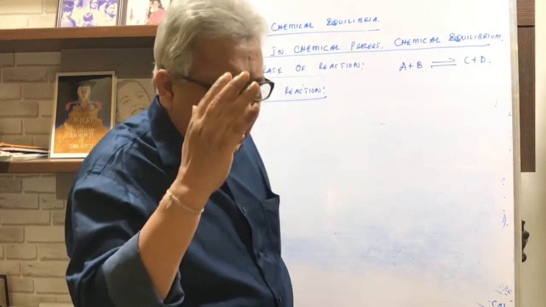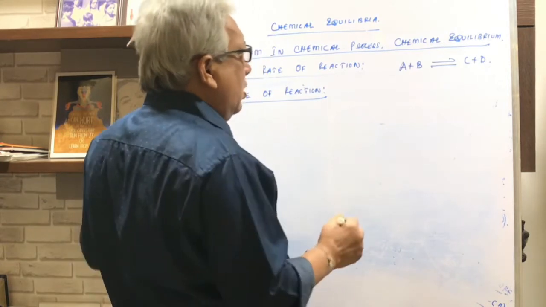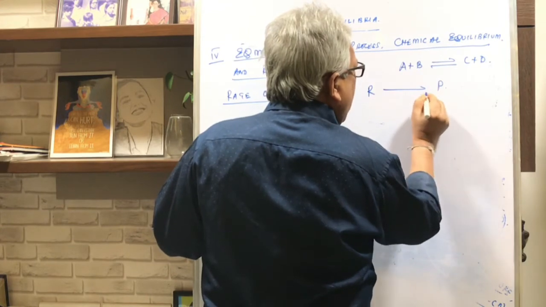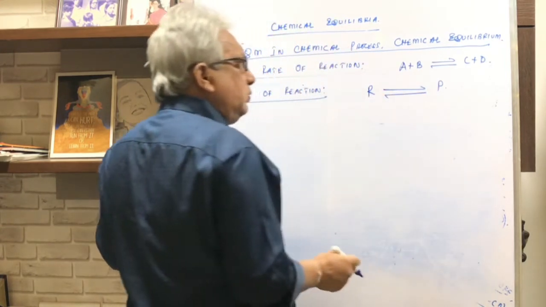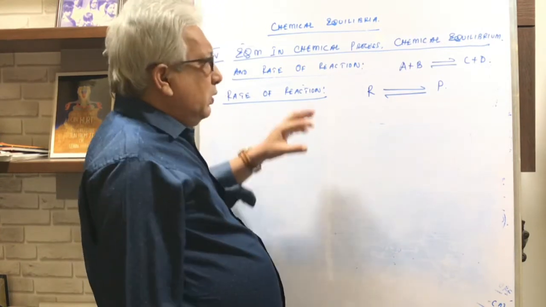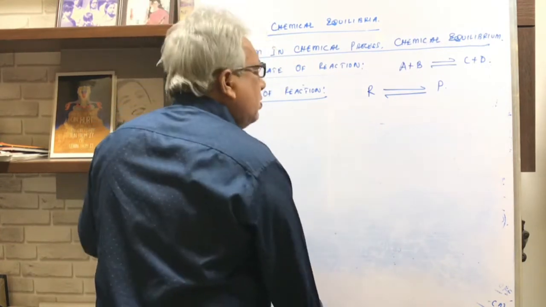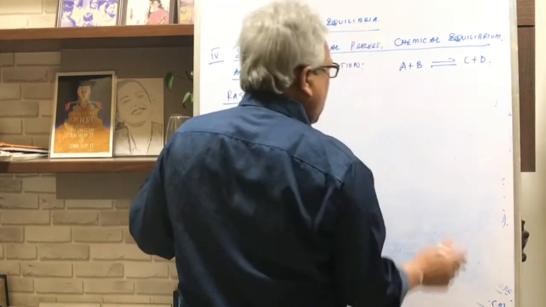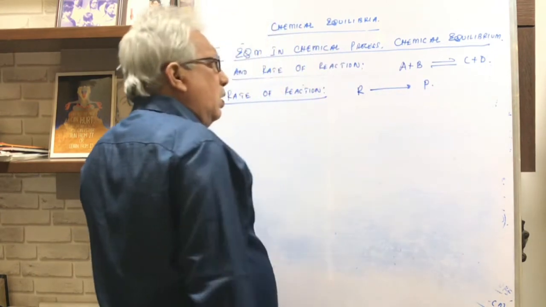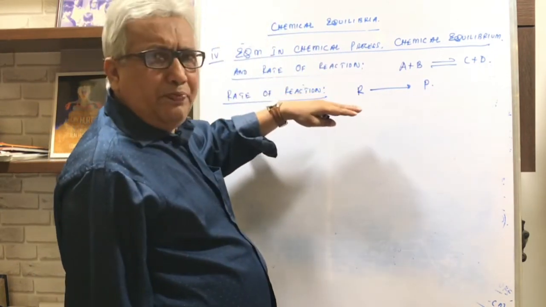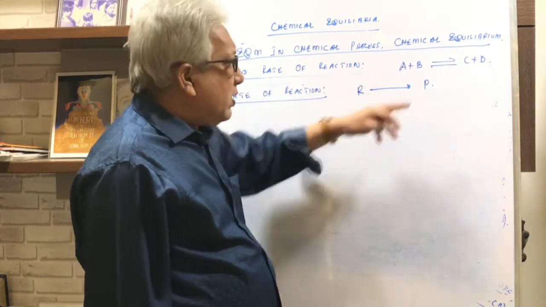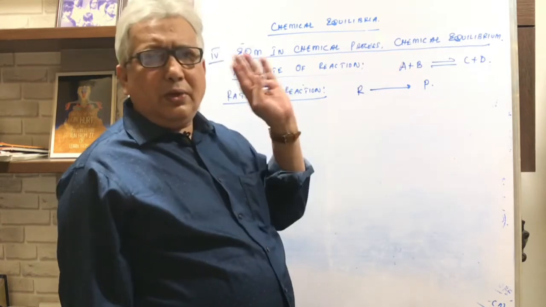Now when you talk about a chemical reaction, let's say the reactants are becoming products and the products are becoming reactants. But I will not put the reversible sign, reactant is becoming product. Now with the passage of time, the concentration of reactant will go on decreasing, whereas the concentration of product will go on increasing.